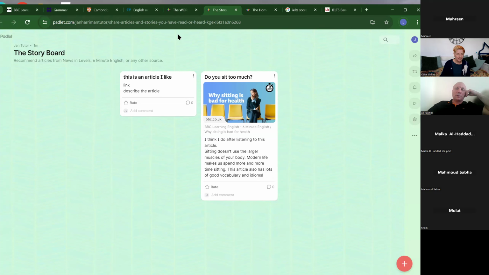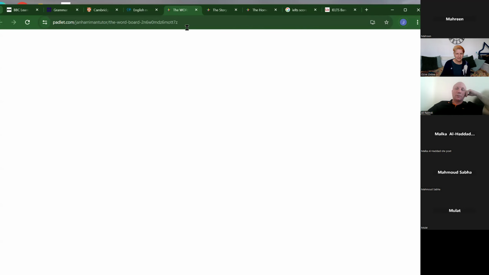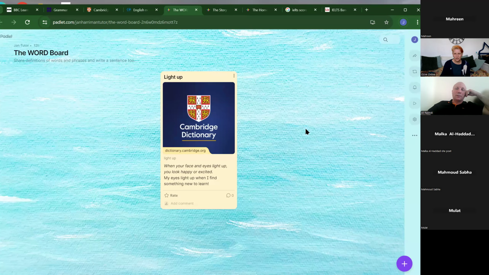And the last of all is the word board. This one is where I would like you to add new grammar and vocabulary that you find. When you come up with a word that you don't know and you look it up, especially on the Cambridge Dictionary, then you can write a little note about it here.